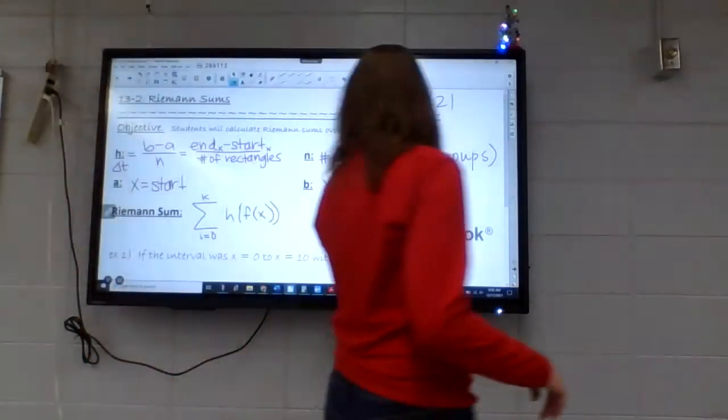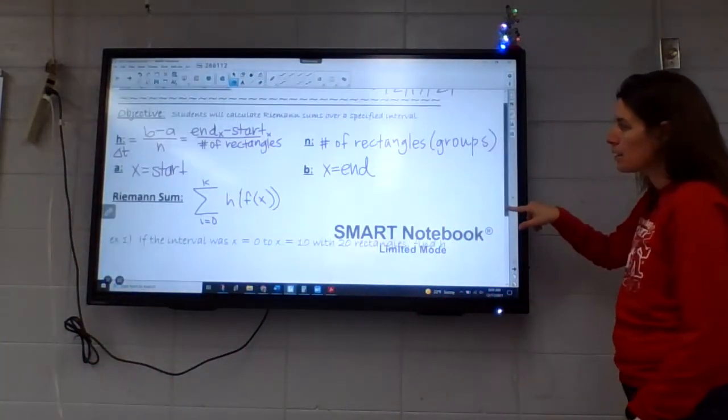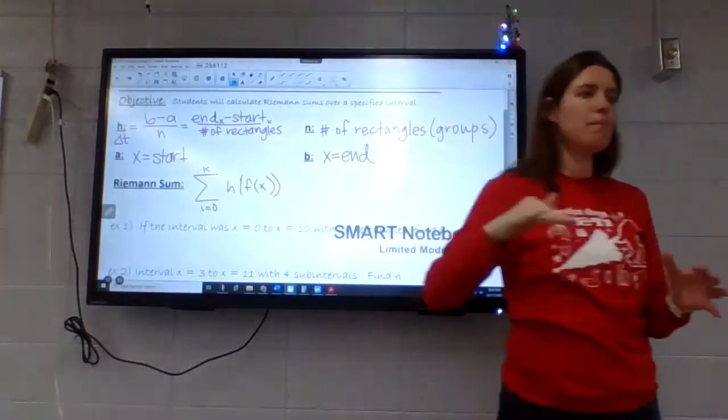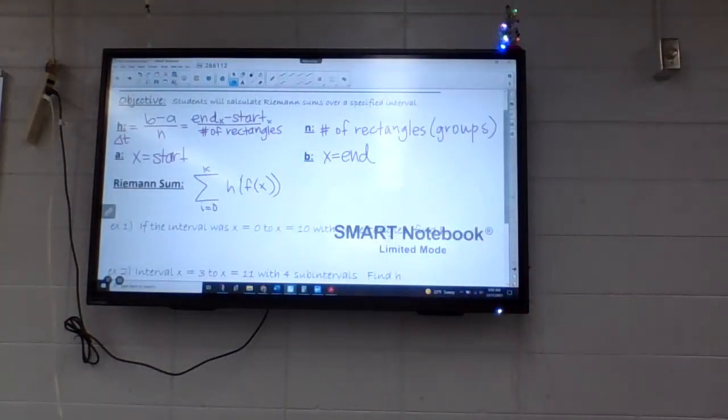So whatever that H value is that we find, that's going to get multiplied by the function over and over again. Essentially what that's doing is it's helping us to find the area of all these different shapes, or all these different rectangles.